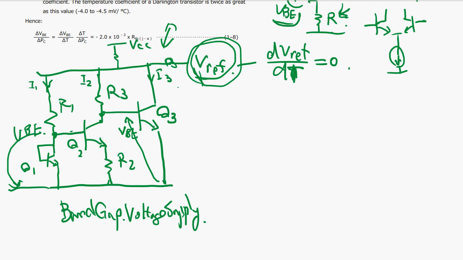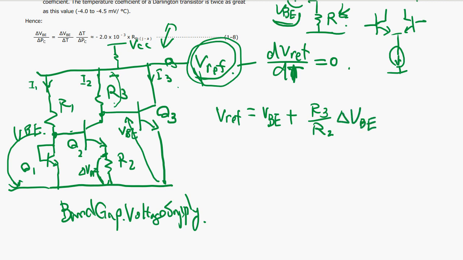Okay, so what we can do is we make the reference, this voltage, VBE, right, plus this voltage, and this voltage is amplified. It's typically R3 over R2 of this delta VBE.